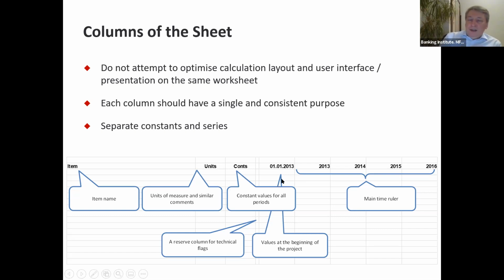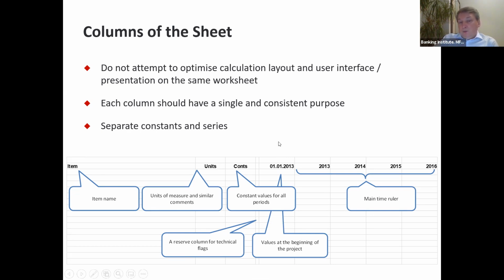And additionally, if your project has some initial information, maybe, for example, this project has already started, and we invested something, we spent something, we already have some outstanding loans, so we have to put them in our model as its starting balance, as the initial state of the project.